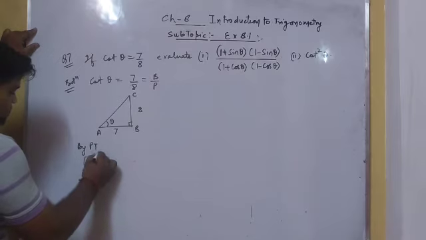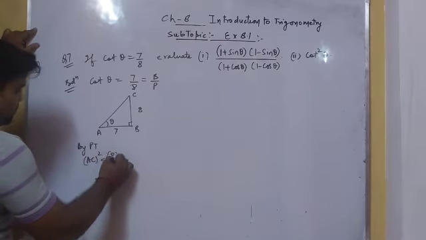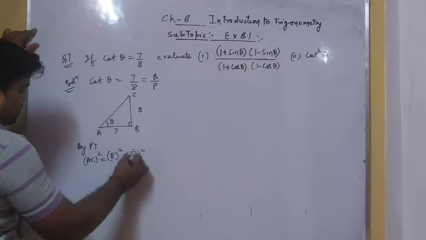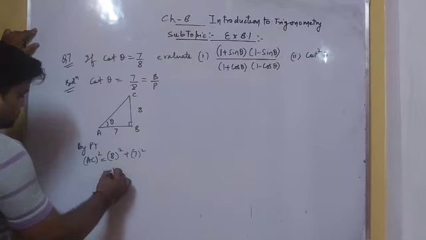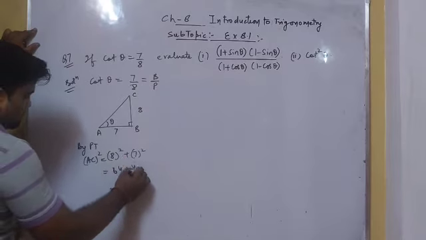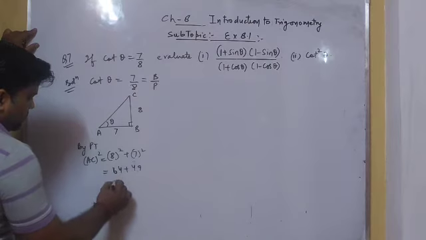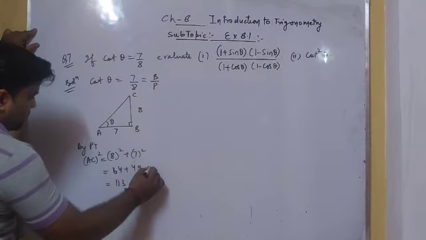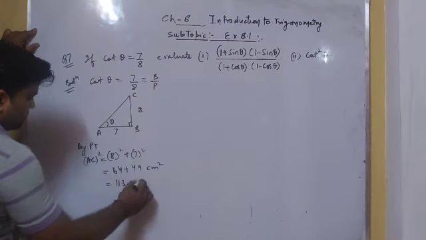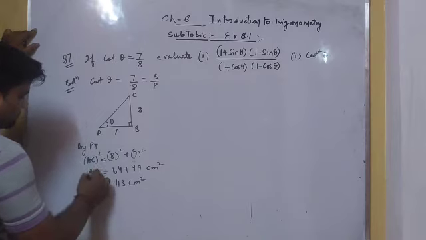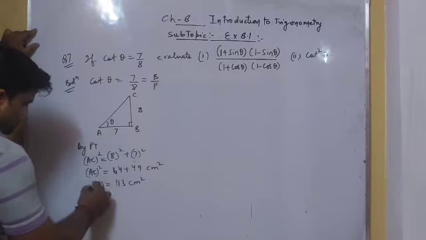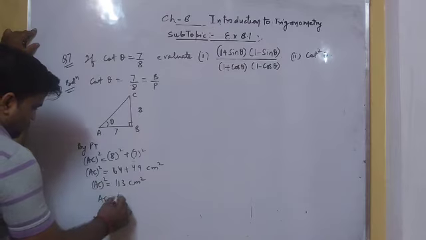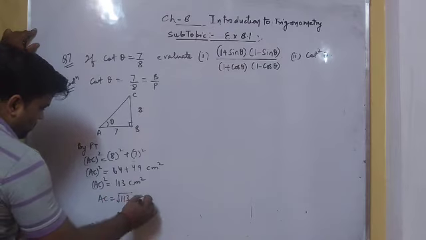So AC square is equal to 8 square plus 7 square, which is perpendicular square plus base square. So it is 64 plus 49, and we get 113 centimeter square. So AC is equal to under root 113 centimeter.